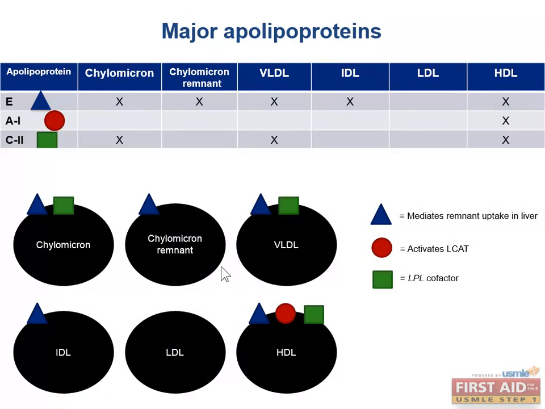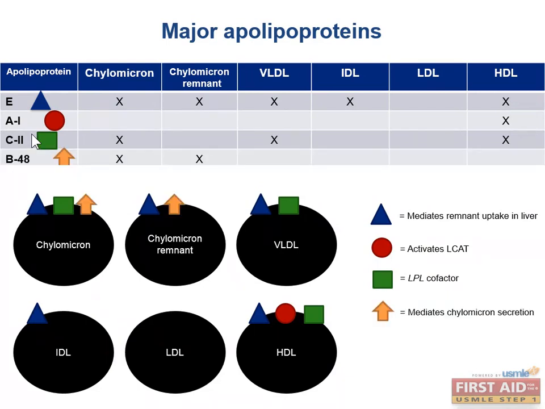Apolipoprotein C2 is a cofactor required for lipoprotein lipase, which is used for degrading triglycerides in VLDL and chylomicrons. As we'll see in a minute, chylomicrons and VLDL molecules are loaded with triglycerides, so if they express ApoC2, they can find lipoprotein lipase on the vascular endothelium to unload some of their triglyceride cargo.